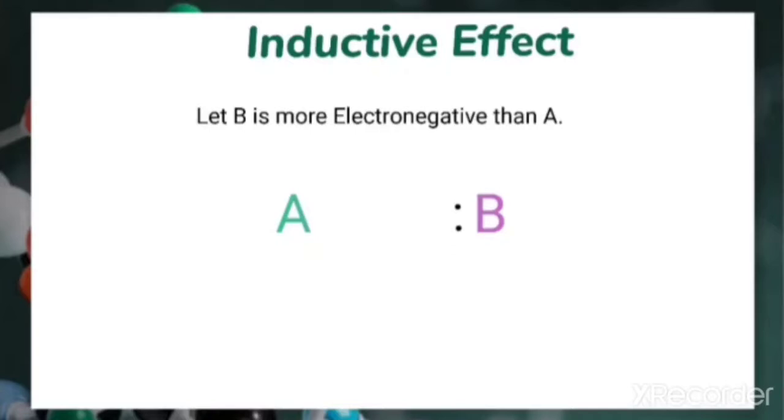Because of this, in the bond formed between A and B, the electron is closer to B, or we can say it has greater electron density near B. Such a bond is called a polar covalent bond.